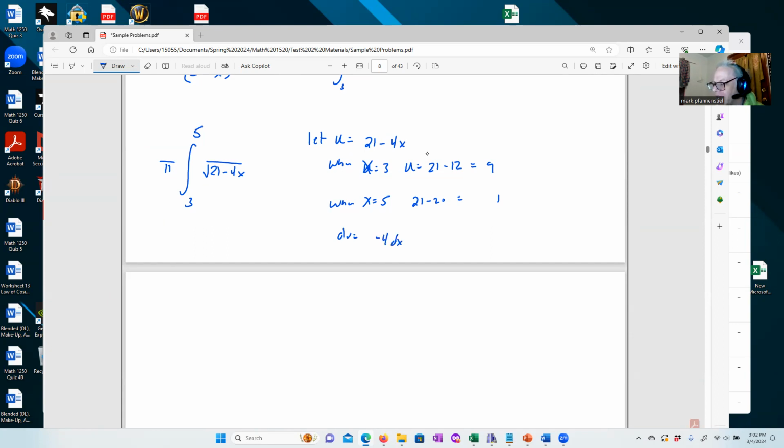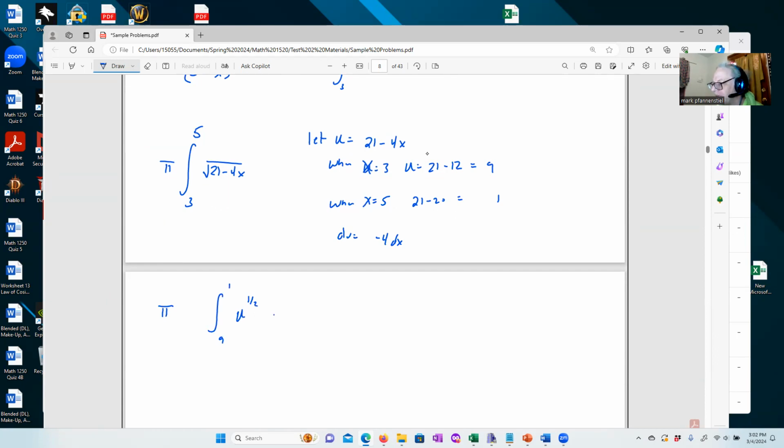So I'm going to go over here and I'm going to say we have pi. Instead of 3 to 5, we have 9 to 1. When x was 3, u was equal to 9. When x was 5, u was equal to 1. And then we have u to the 1/2, but don't let me forget my du here, because du is going to be negative 4dx.